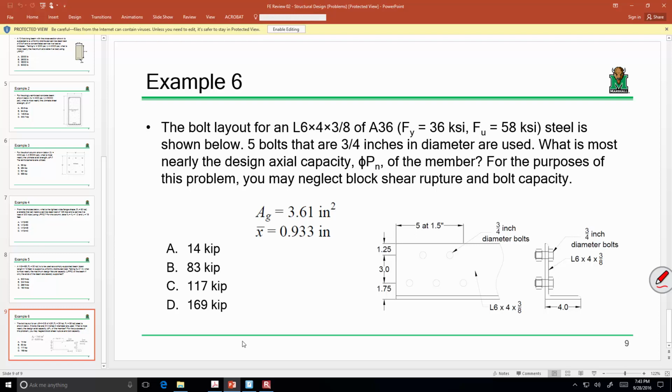Tension members are an afterthought. Tension members are the first thing that we do when we take steel design, but they're really the least common structural element by and large. We do them first because they serve as our introduction to how we use the manual and how we understand a specification. The calculations are really simple. They're arguably the simplest of everything that we do in the class.